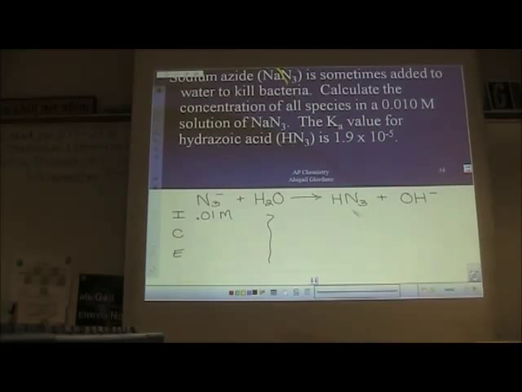Anything to put here for a starting molarity? Okay, hold on, Reed. And this one? Okay. Yes, Reed. This one had two azide, so it would be 0.02. Very good. Okay, minus x plus x plus x.